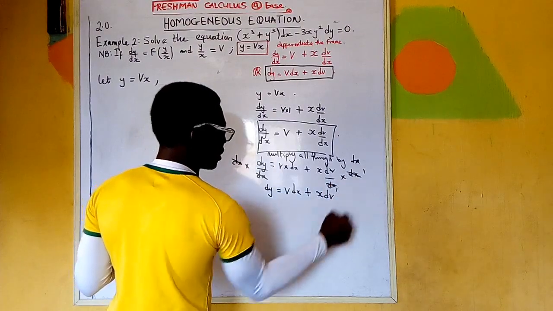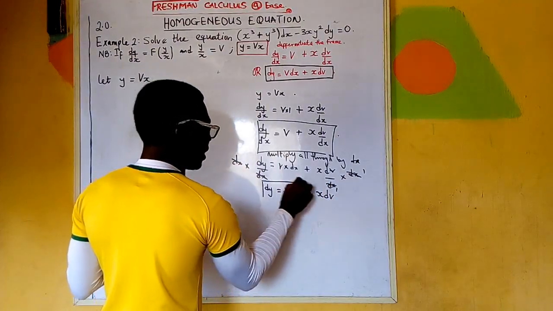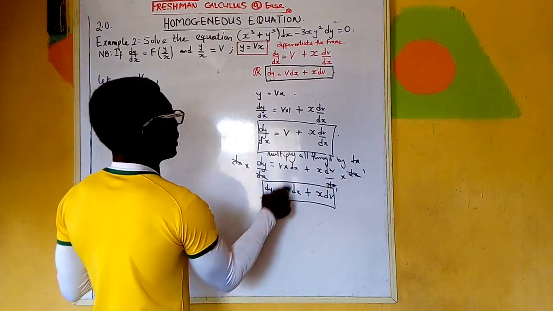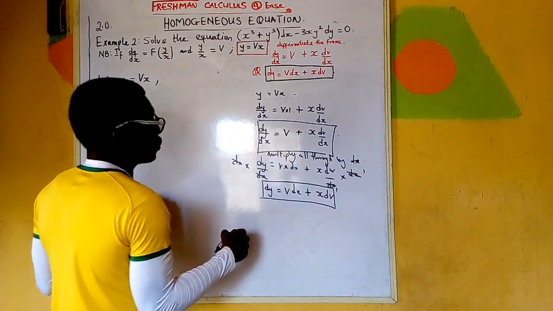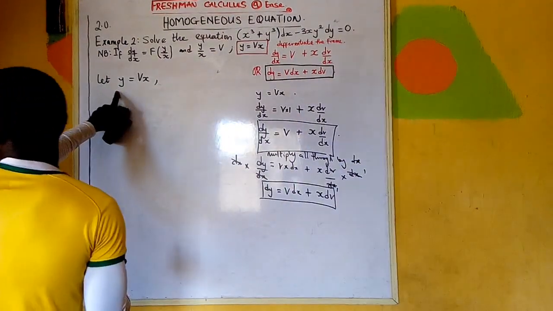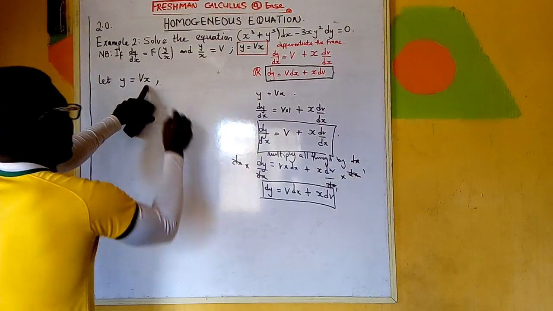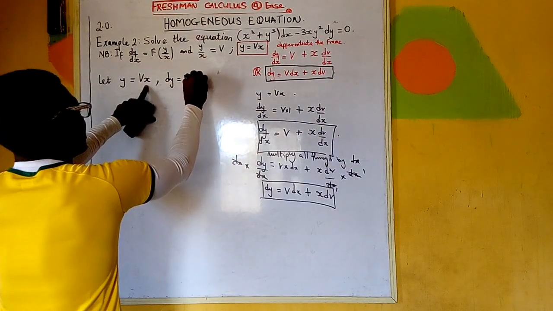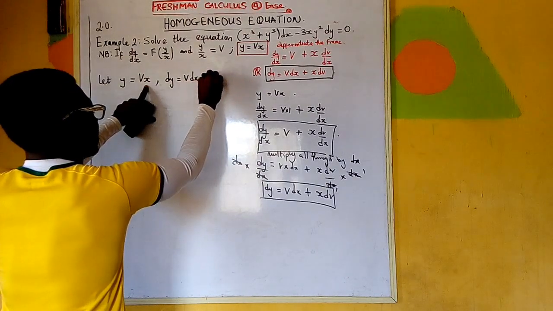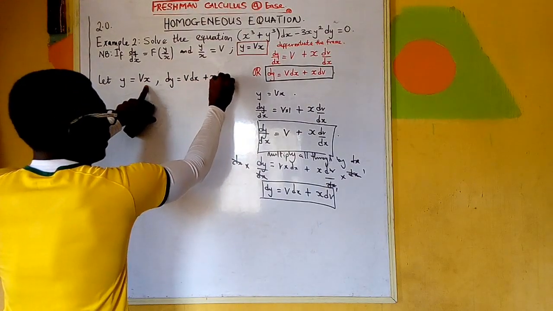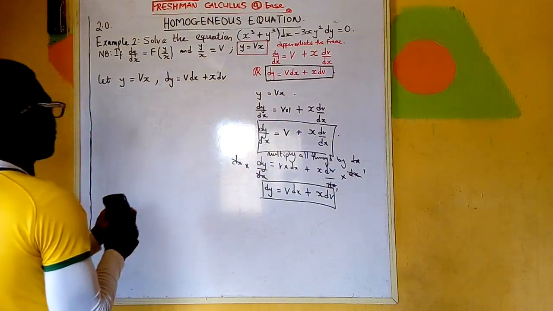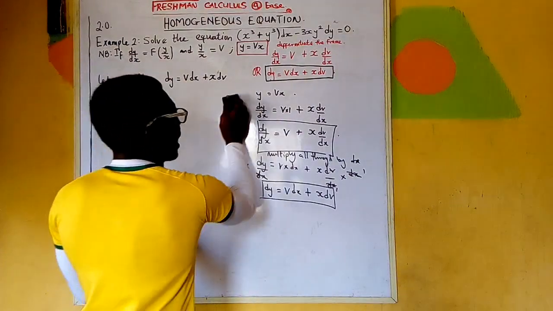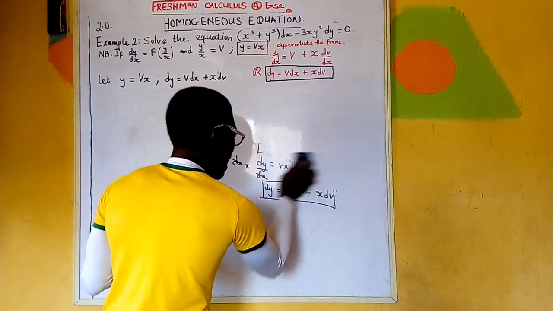So I have a new frame here. Let y be equal to vx and dy be equal to v dx plus x dv. Those are the two important things we need to have in mind.